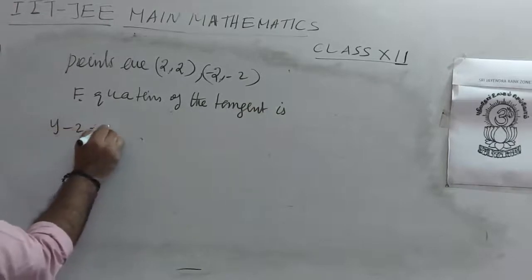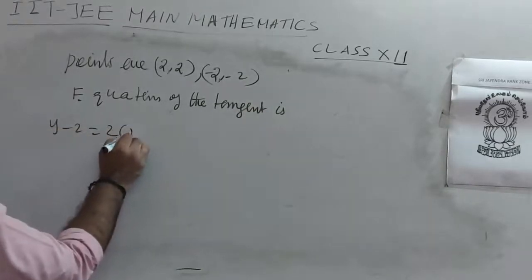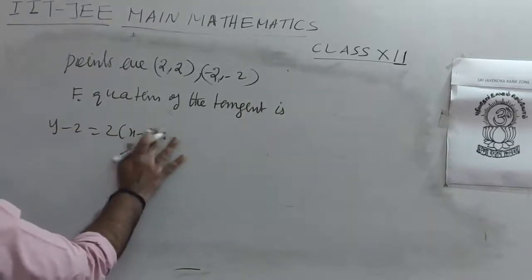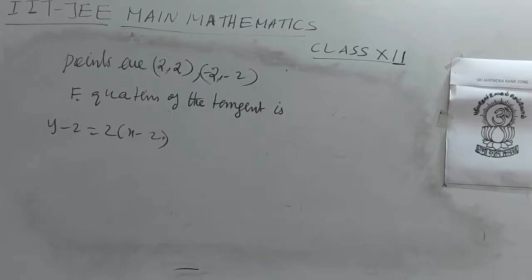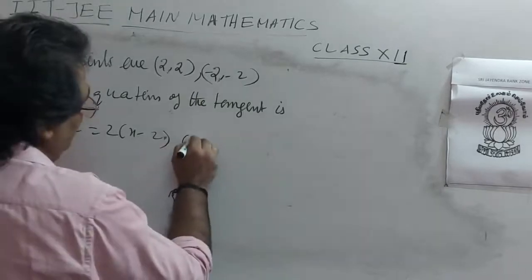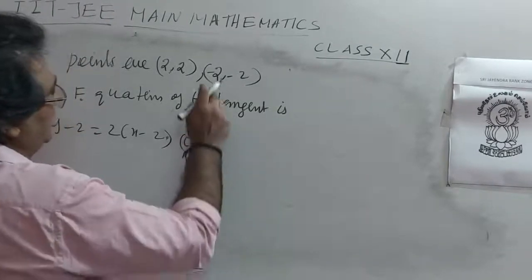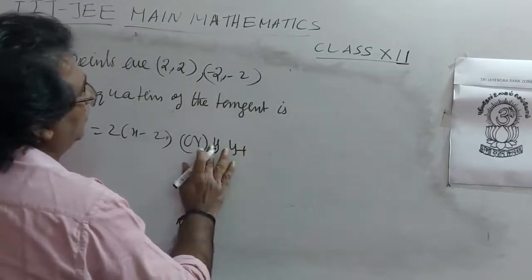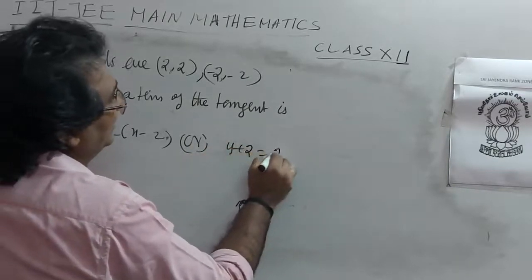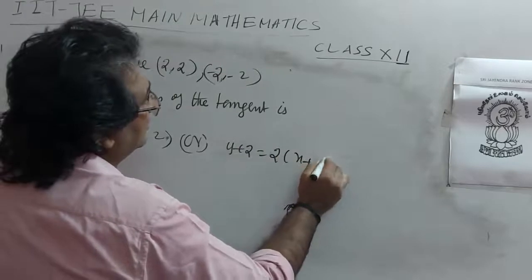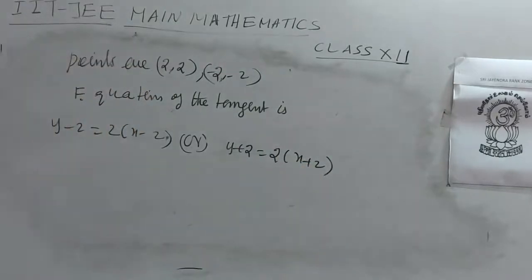y minus y1 equals slope m, 2 into x minus 2. Or if you take this point, y plus 2 equals slope 2 into x plus 2.